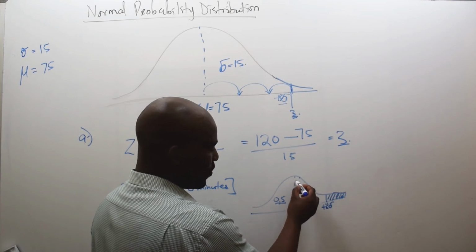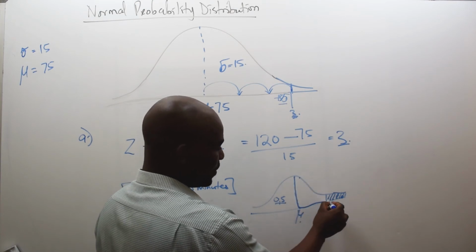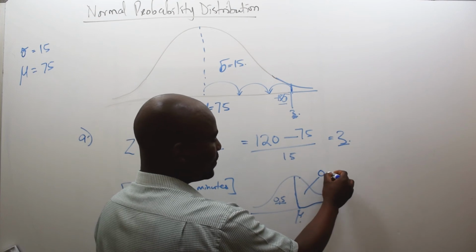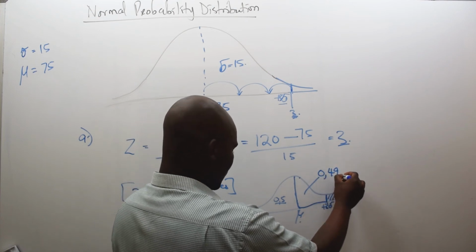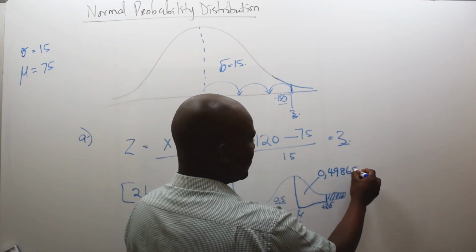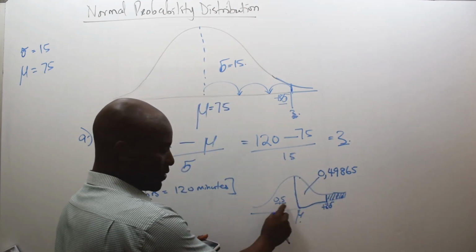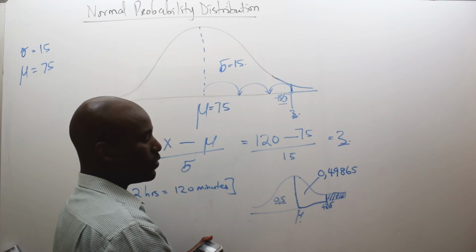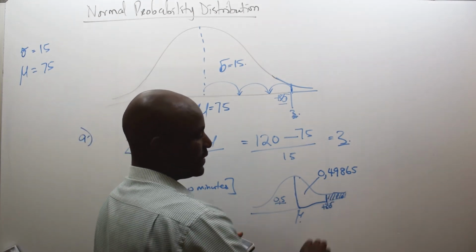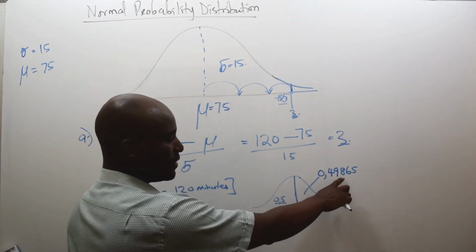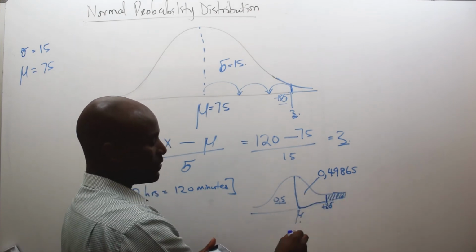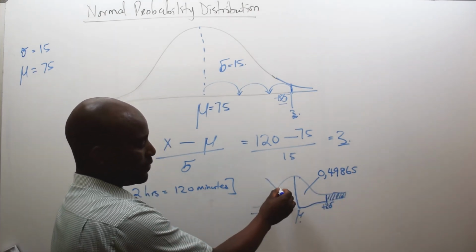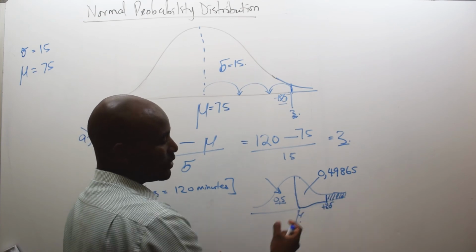So this whole area here is the one that gives 0.49865. And we already have a 0.5 this side. So what we want is the shaded area. That is the area remaining after we take this away from the 0.5.